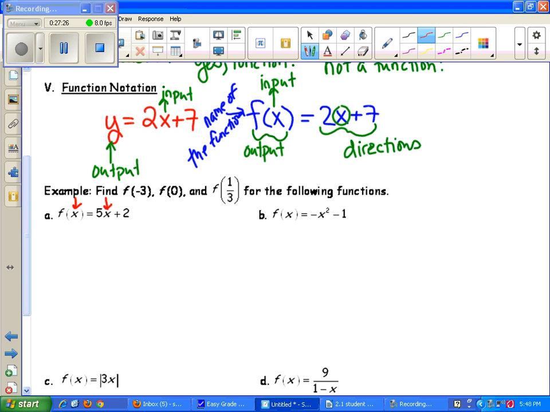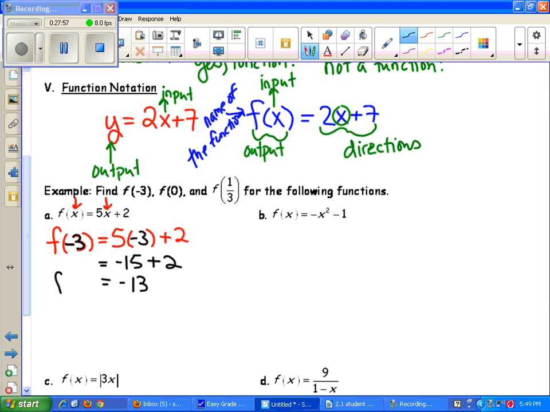So in this case, if we wanted to do f of -3, I'm going to be inputting -3 into my equation, so I'd have 5, that's where I'm going to put my -3, plus 2. So this -3 goes right here, and now I just need to simplify that. When I simplify it, I get -15 plus 2, and then -13.